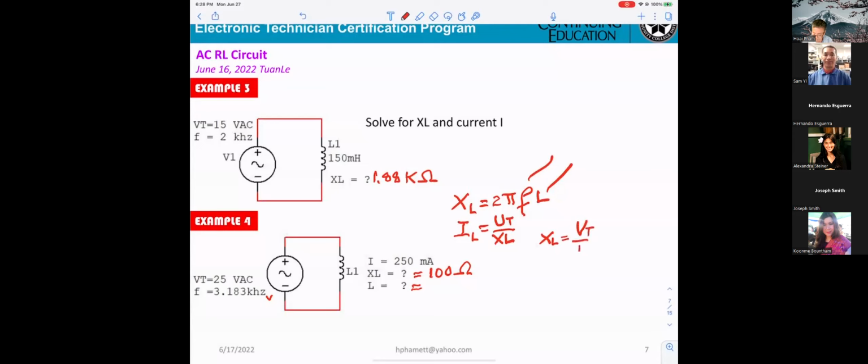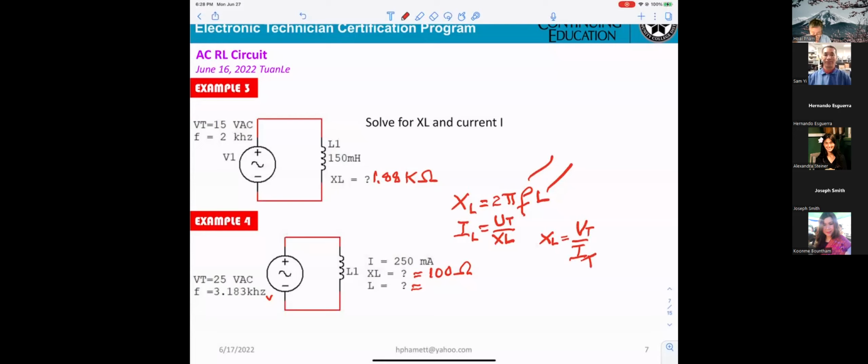Oh, I see what you're saying, yeah, that makes sense. XL would be V total, 25, divided by I, 0.25. Right, I get it now. That would give you XL, and then you could flip the formula around to find the L. Right. Yeah, I get it.